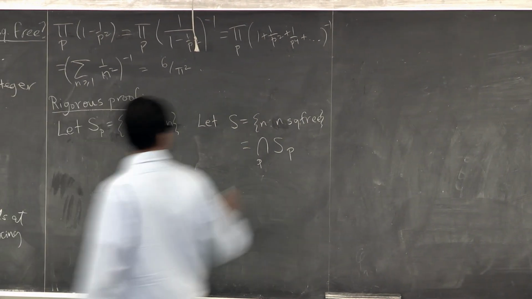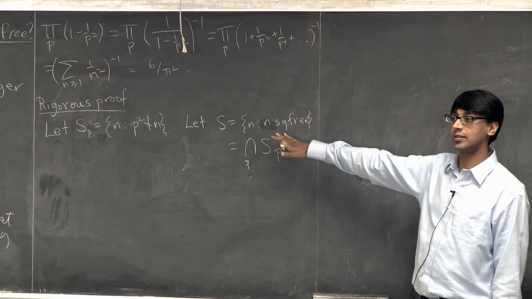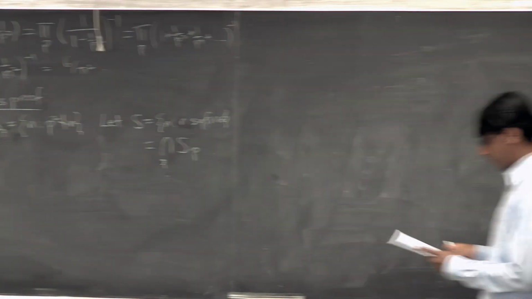So now, suppose we only look at the numbers that are square free for all primes less than some bound. That we can do as an approximation of being square free.